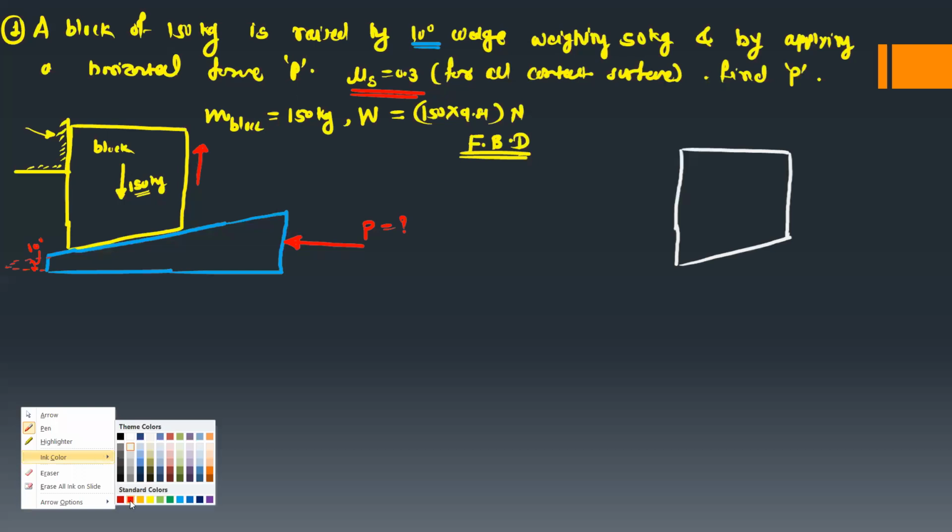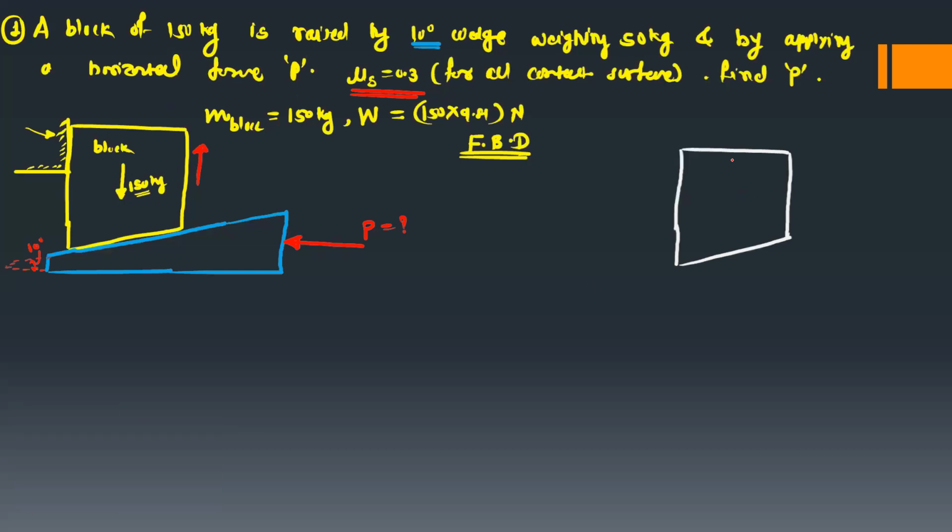The first force on this block is the self weight, which will act exactly in the downward direction. So this is equal to W, and this is 150 into 9.81 Newton.